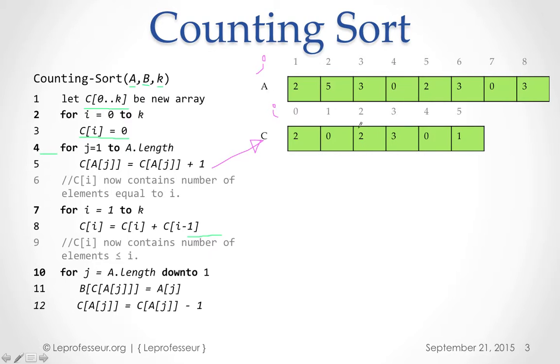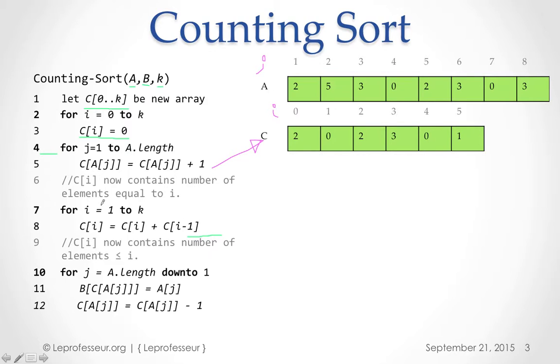It means how many elements are equal to 2 in our input array? Let's count it. 1, 2. So we got 2 here. In the same way, we complete this whole array C, which contains some information about the values which are in input array A.